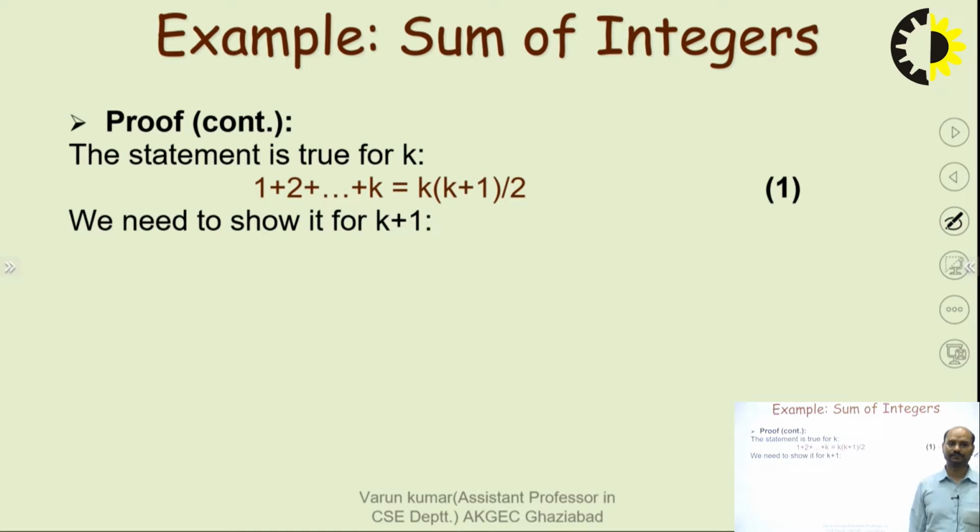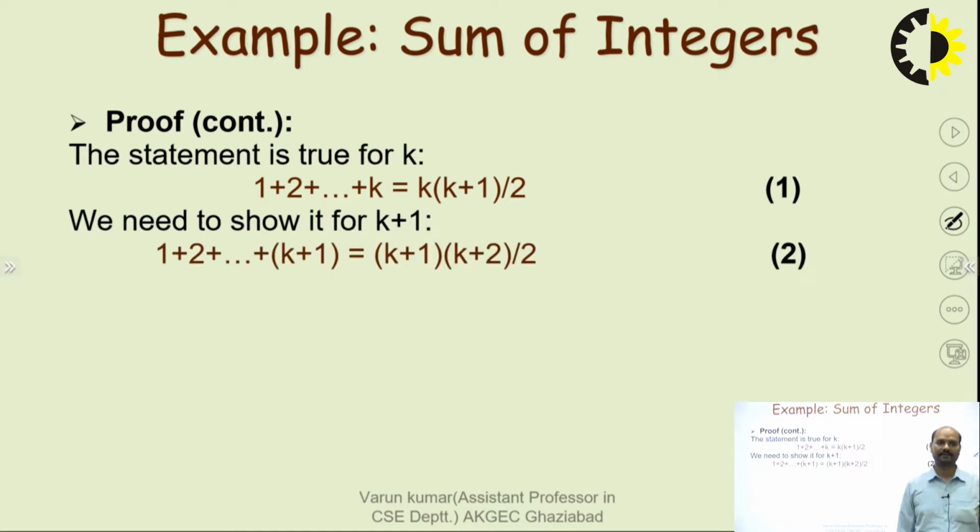So we need to show it is also true for k+1. It means 1 + 2 + ... + (k+1) equals (k+1)(k+2)/2. We place k+1 in place of k. So our predicate function is like this.